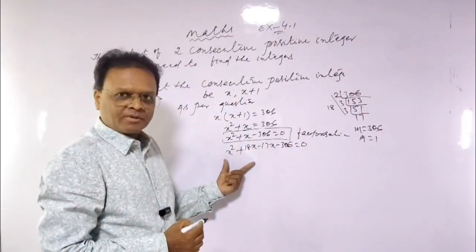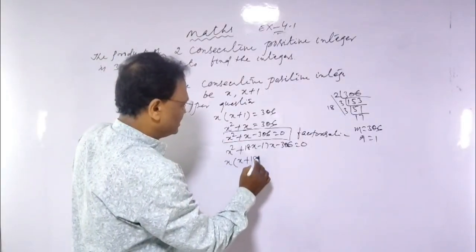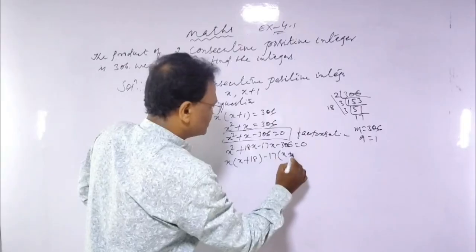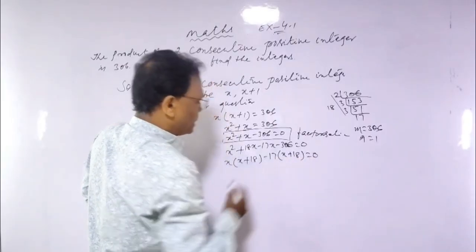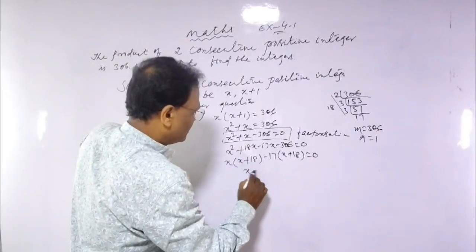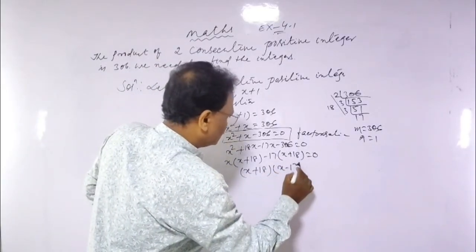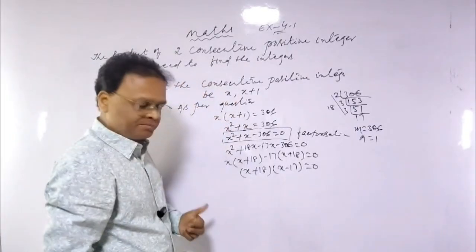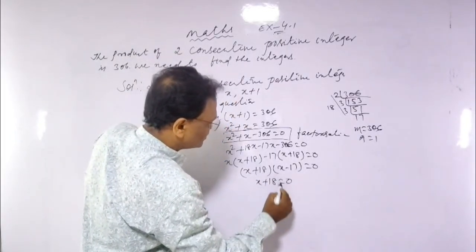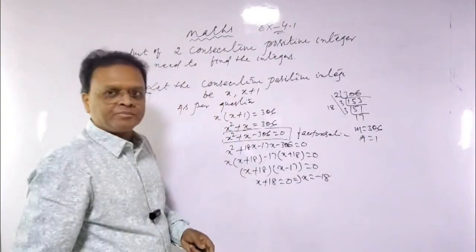Now we can take the common from this. x of (x plus 18) minus 17 of (x plus 18). Now these two are common. Take one of the two. (x plus 18) into (x minus 17) is equal to 0. Therefore, if x plus 18 is equal to 0, x is equal to minus 18.